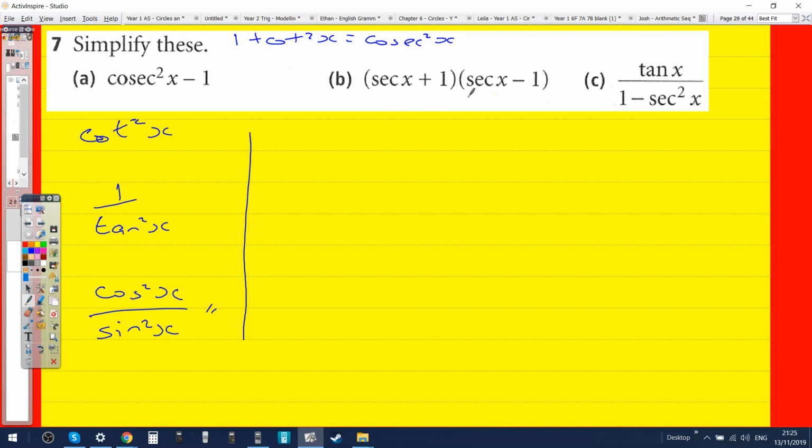Any idea about this one? What would you get? You just basically expand the brackets.